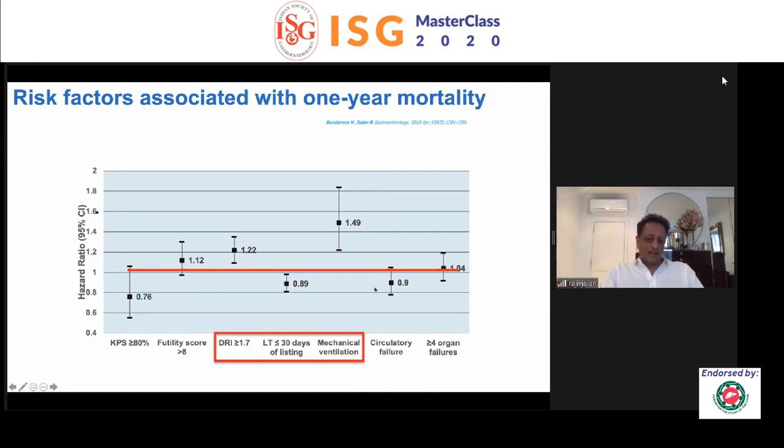We did not find any independent prediction of risk of death in those with 4 or more organ failures or circulatory failure. So there is a degree of organ specificity. Lung failure is bad, but the rest of it you can transplant through. But even in those with lung failure, the post-transplant survival can reach up to 65, 70%. But of course, those patients do a little bit worse than the others.